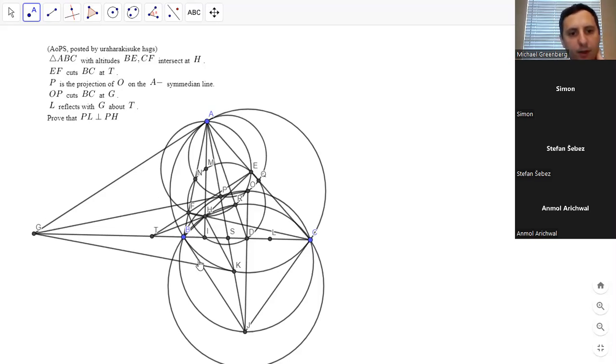We also know that KG, KB, KA, KC is harmonic. So yeah, can we use any of that?